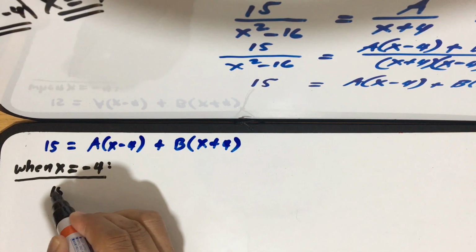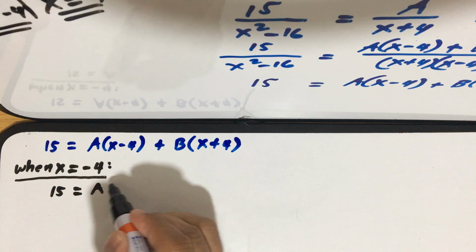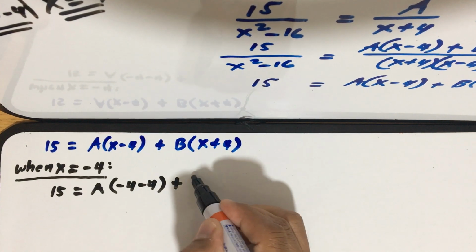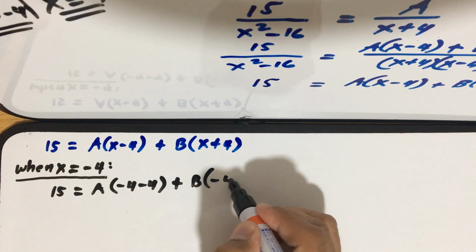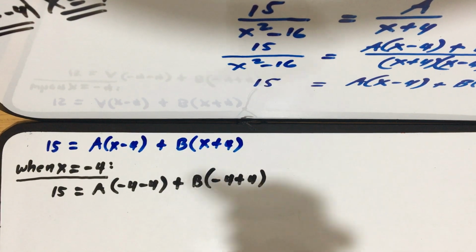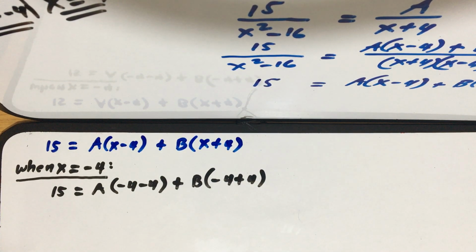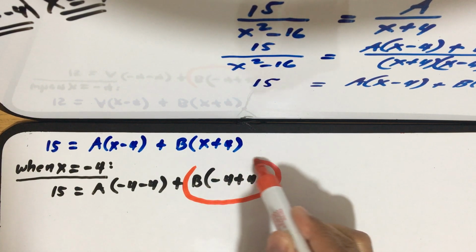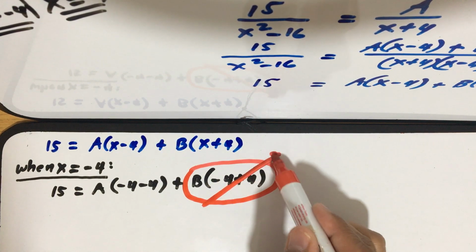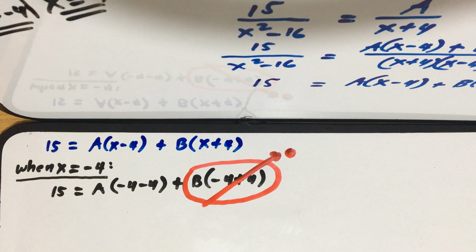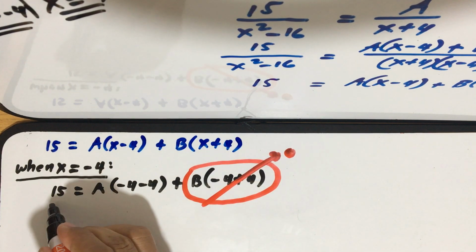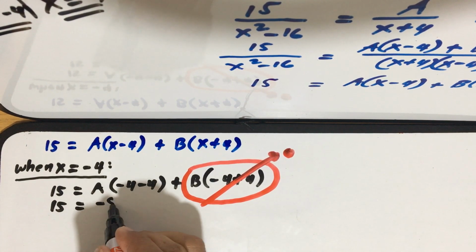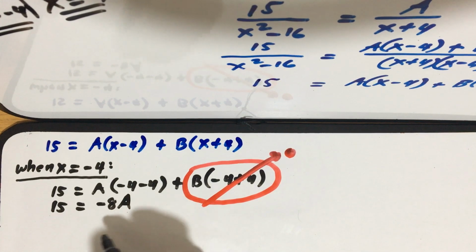So 15 equal to a times minus 4 minus 4, then plus b times minus 4 plus 4. This part, minus 4 plus 4, is equal to 0. So that becomes 0. What is left here is 15 equal to negative 8a.